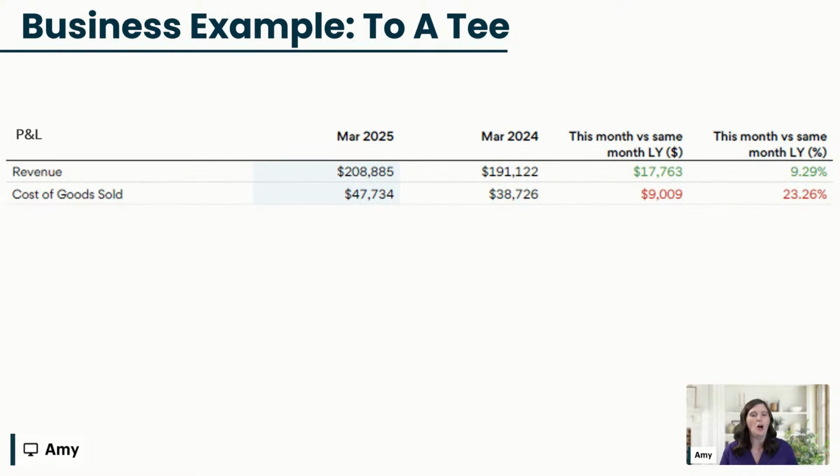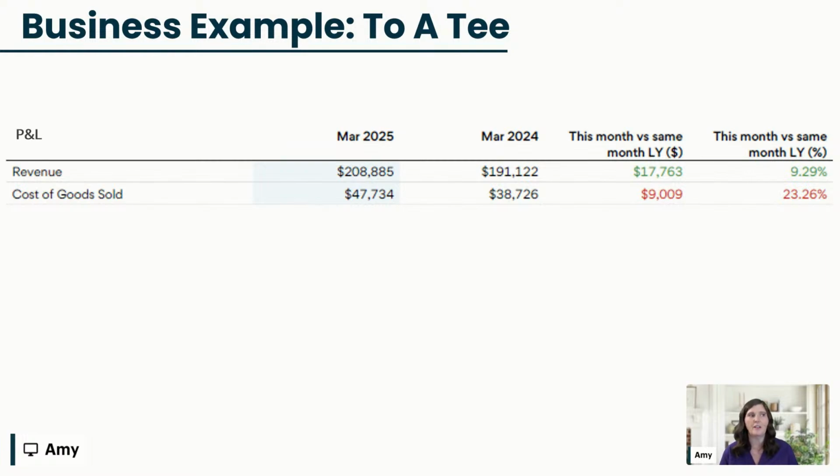We add up all of those transactions at the end of the period, at the end of the month. I'm sorry, it costs us about $48,000 to sell the $209,000 of t-shirts in the revenue line. So that same comparison for 2024, it costs us $39,000 to make the shirts that we sold for $191,000.